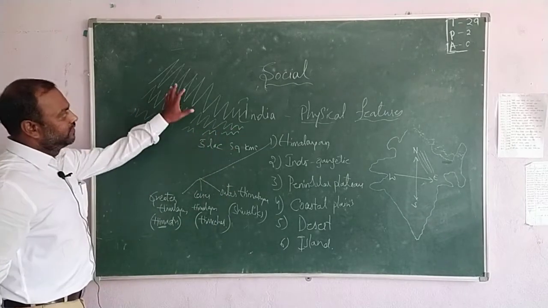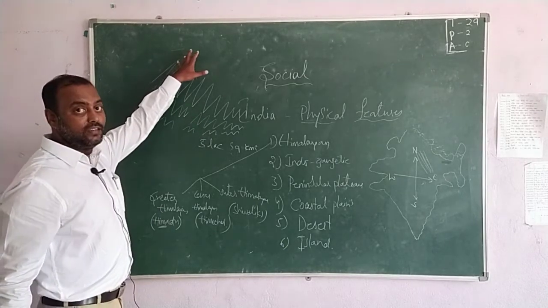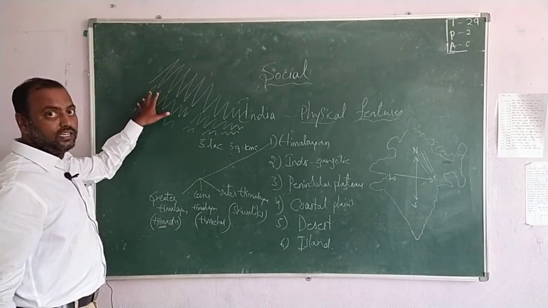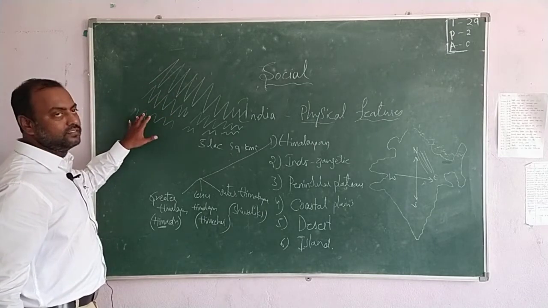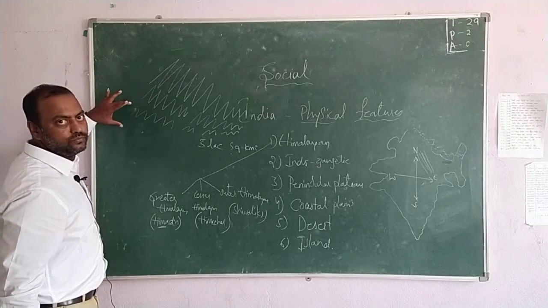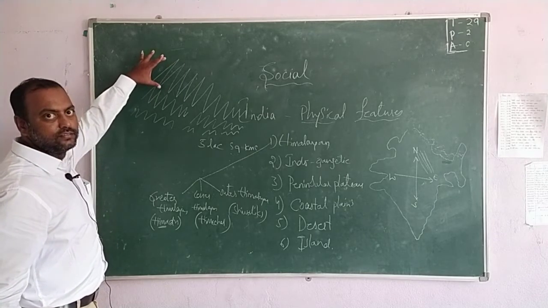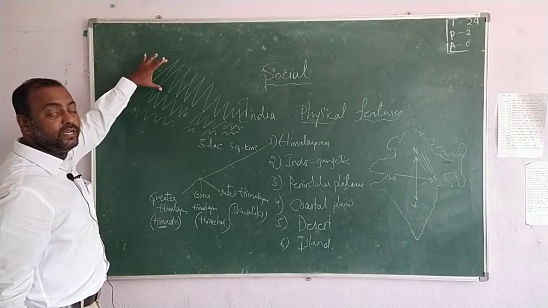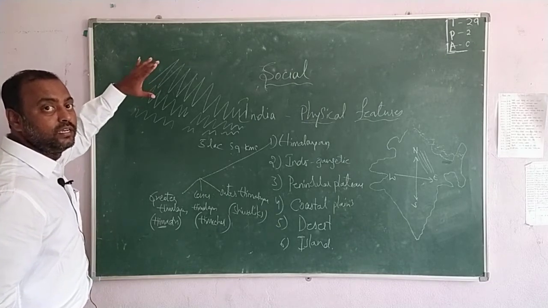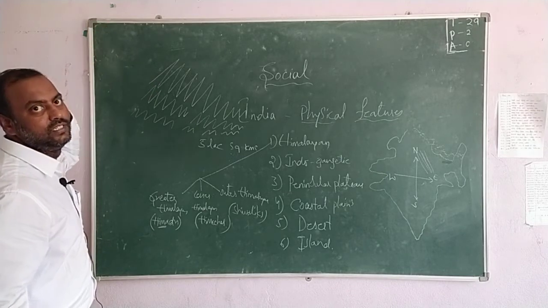These are the three ranges which I am drawing here. You can observe in the picture, I have drawn the first range very tall, the second range a little shorter, and the third range shorter than the first two. The height of the Greater Himalayas varies between 6,100 meters above the sea level to 9,800 meters above the sea level.